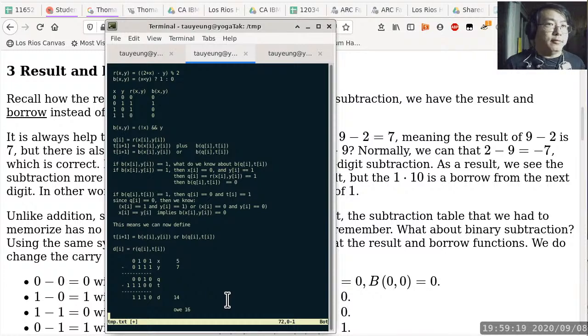Are we okay so far in binary subtraction at this point? Okay. The t's. What about the t's? The t's are the borrows basically, but I don't want to call them borrows because I already use b as the name of the function, so I don't want to name the row b, so I use t because take is like borrow.